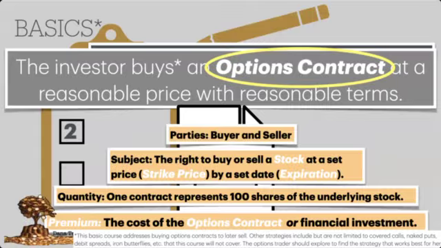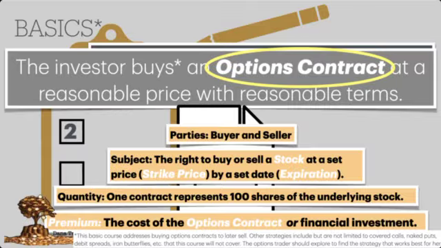Keep in mind that the options contract and the stock are not the same thing. An option is defined as a derivative because its value is directly tied to the underlying stock. An options contract represents 100 shares of the underlying stock. Also, the premium, or the cost of the options contract, is your financial investment.